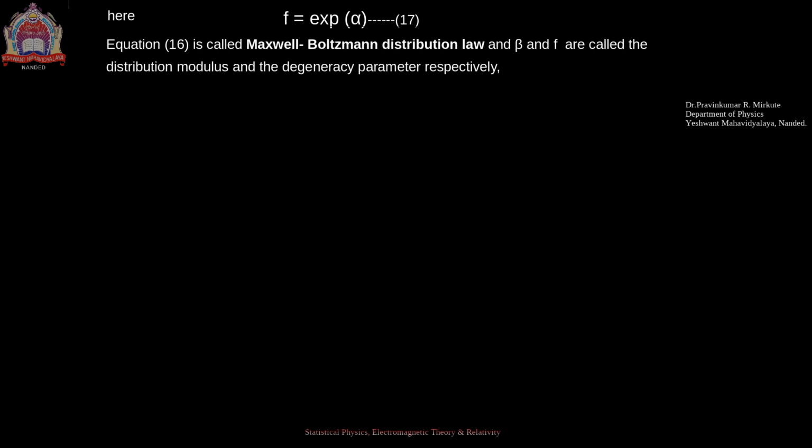Here f is the exponential of alpha. This is called the Maxwell Boltzmann distribution law, and beta and f are called the distribution modulus and degeneracy parameter respectively.